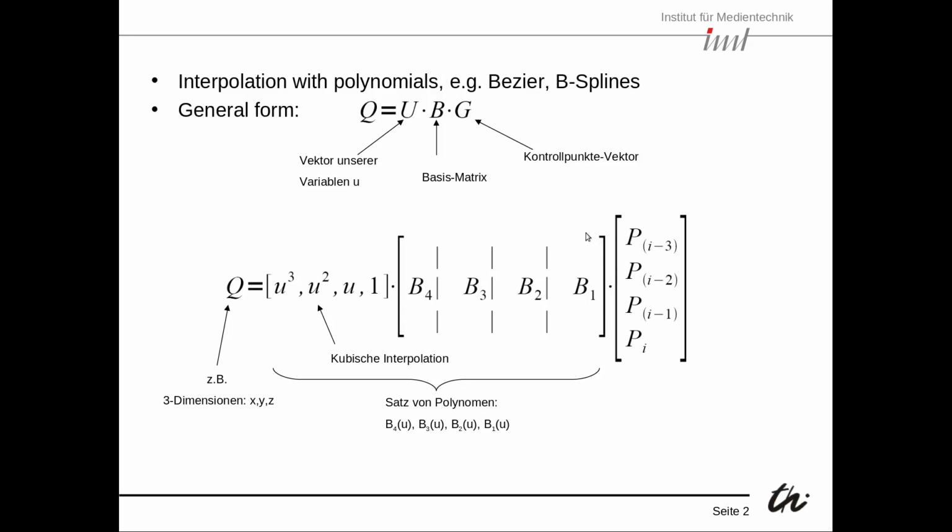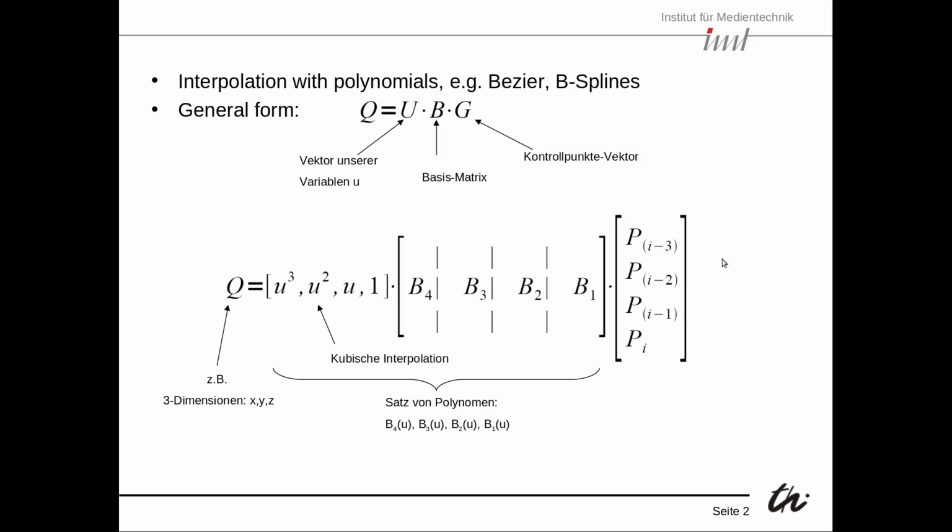Then we have our basis matrix. Those two together give us a set of polynomials. And here we have our control points, which define where in space our curve is lying and what shape it has. So here we have 4 curves.